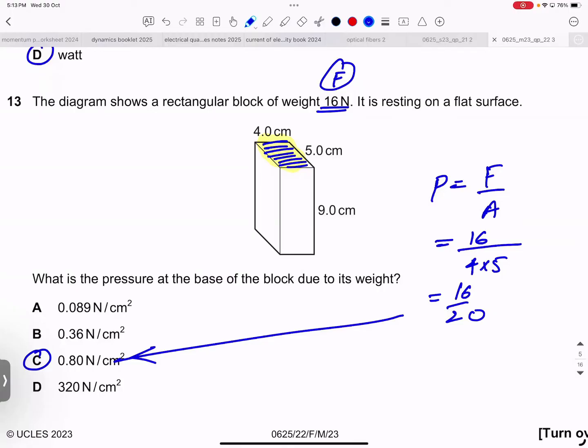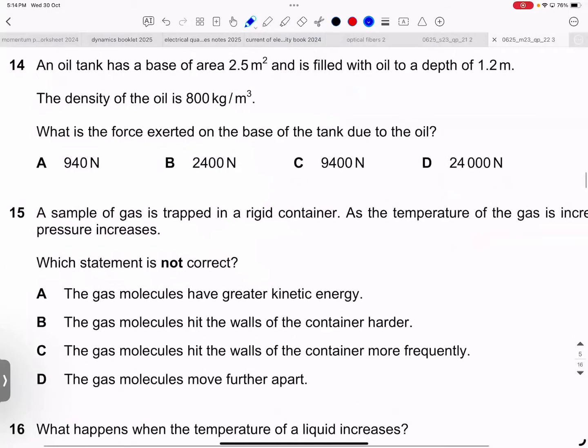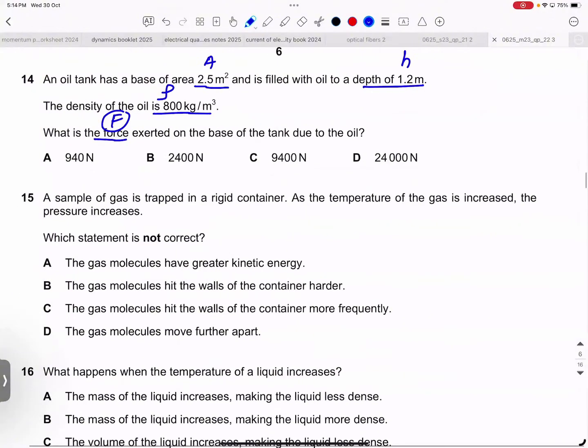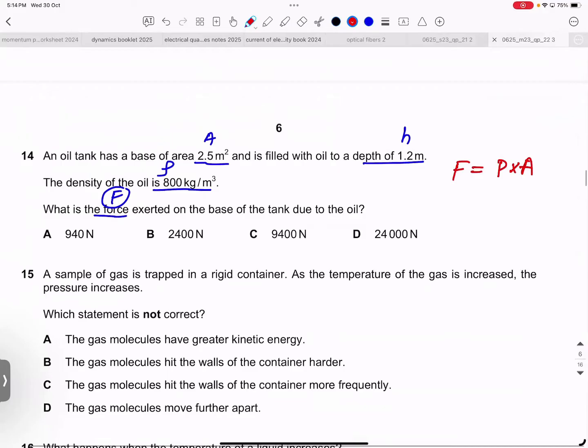Question number 14. An oil tank has a base area of 2.5 meters squared. The depth of the liquid is h, which is 1.2 meters. Density, rho. What is the force? My dear students, you should know force is pressure times area, because one of the formulas is pressure equals force divided by area.